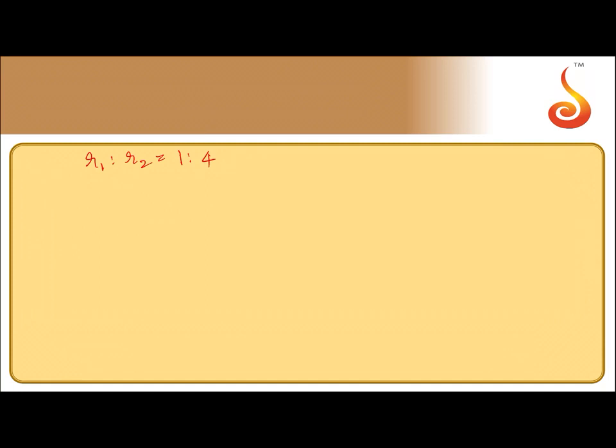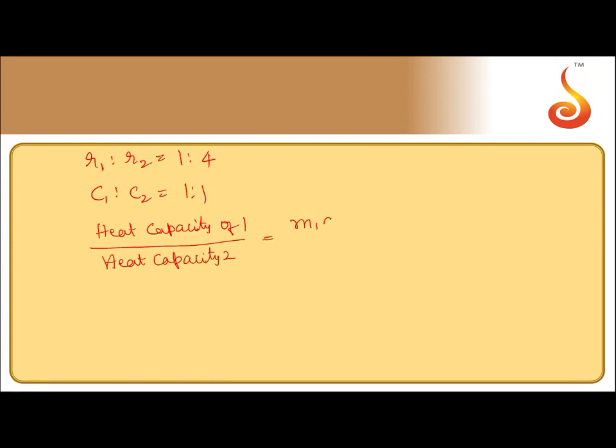So, C1 is to C2 is 1:1. So, they have given same specific heat. So, heat capacity 1 divided by heat capacity 2 should be equal to M1 C1 divided by M2 C2. That should be equal to 4 by 3 pi r1 cube divided by 4 by 3 pi r2 cube.